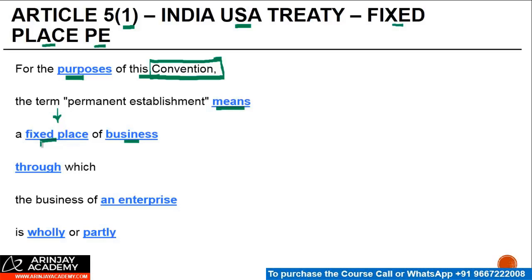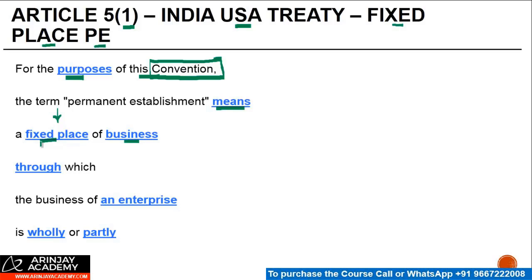We're going to understand this in the next few slides. But like I said, for a fixed place of business, it need not necessarily be an office. Even an equipment or a machinery can be a fixed place of business. Second, fixed place need not necessarily refer to a particular point. It can even refer to a particular geographical area where the activities of the foreign company are predominantly carried on.